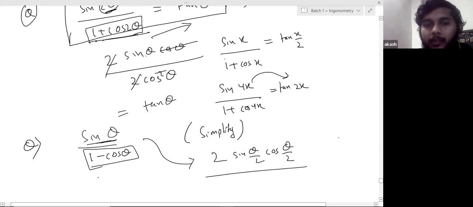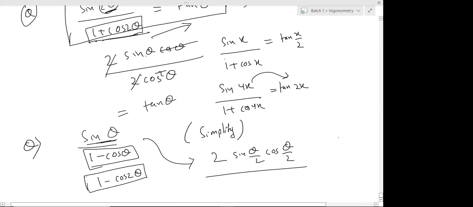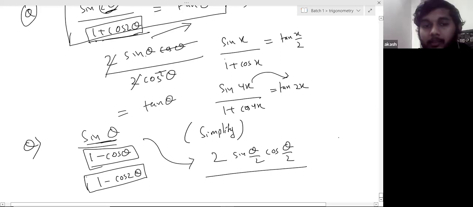Compare this to 1 minus cos 2 theta. Do you know this formula? Sir, 2 cos square theta divided by 2. No. See, this is 1 minus, not 1 plus. That was for 1 plus cos 2 theta, right? In 1 minus cos 2 theta, the formula is 2 sine square theta by 2.